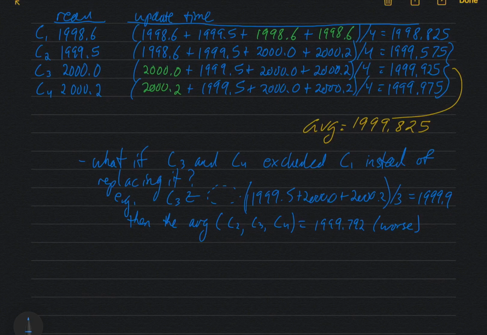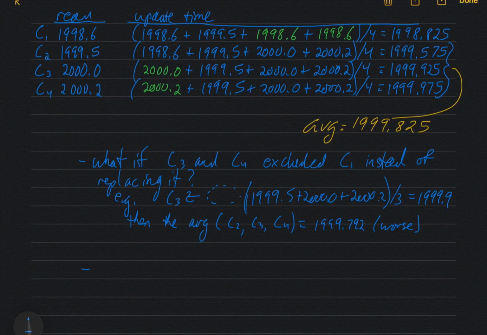So what happens is that clock 2 is being pulled away by clock 1, the faulty clock, and we need clock 3 and clock 4 to compensate for that by substituting their own times for the faulty one, and it will pull the overall average closer to the correct time.